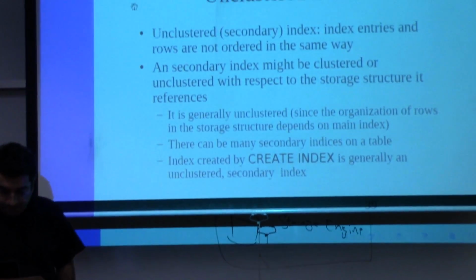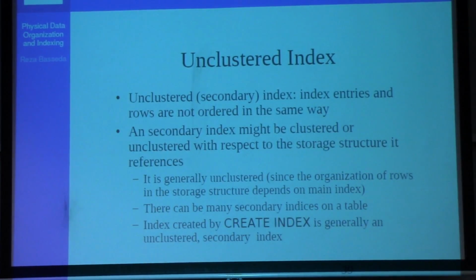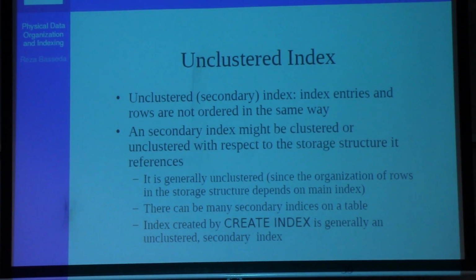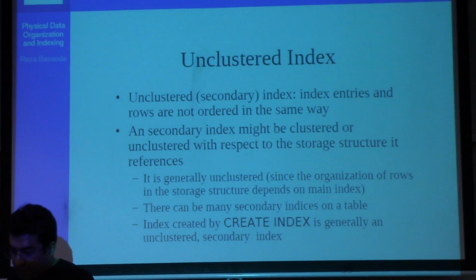So unclustered secondary indexes. What are the unclustered and secondary indexes? It's so simple. What do you mean by clustered secondary? Secondary means that it's out of the main file, and it's not the primary key. Unclustered means that it's not sorted based on the search key. So the index trees and rows are not ordered in the same way.